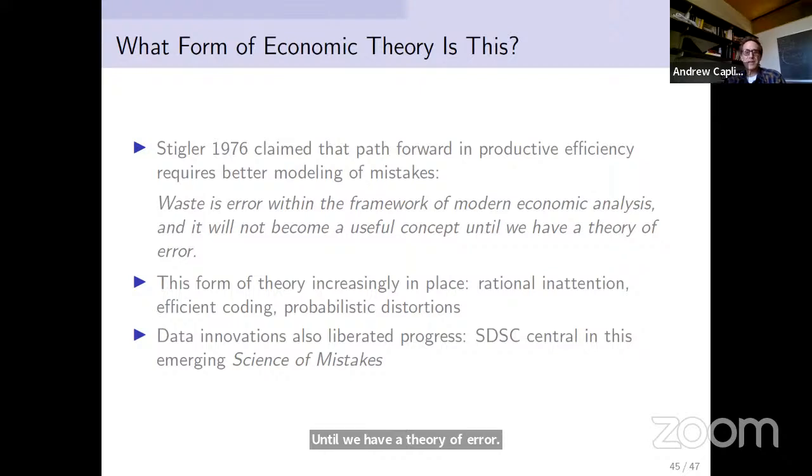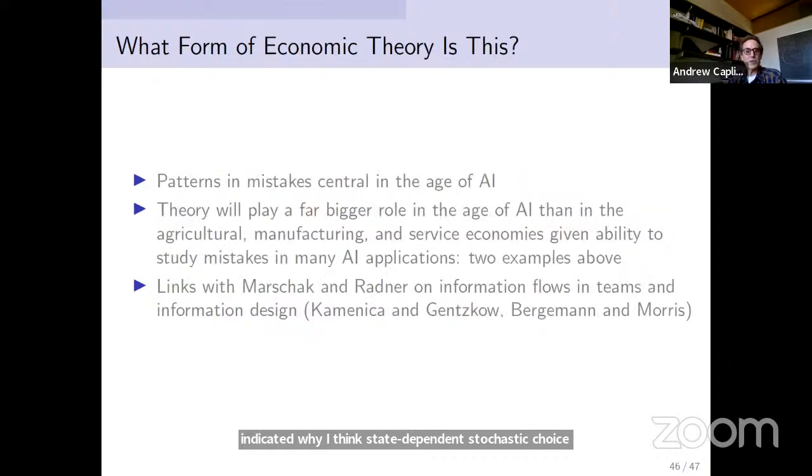This form of theory is increasingly in place in rational attention theory, efficient coding, probabilistic distortions, and data innovations have also liberated progress. I've indicated why I think state-dependent stochastic choice will be central as mistakes are studied more.